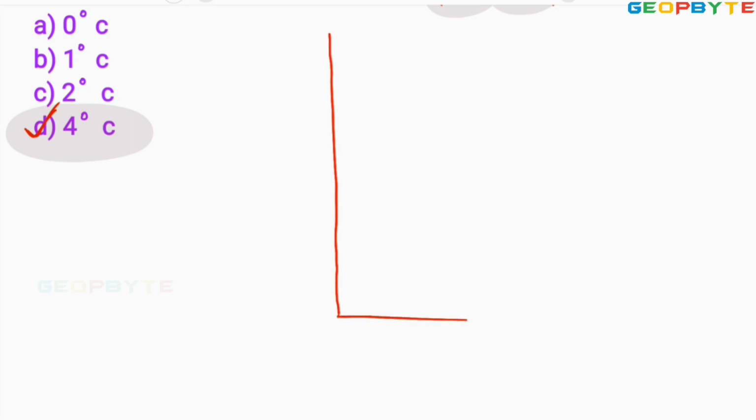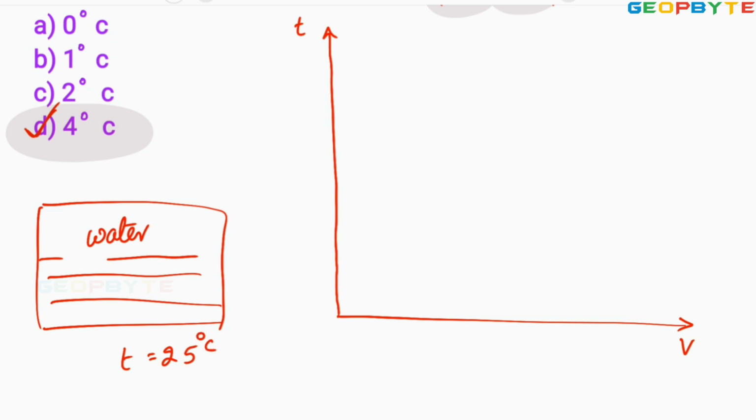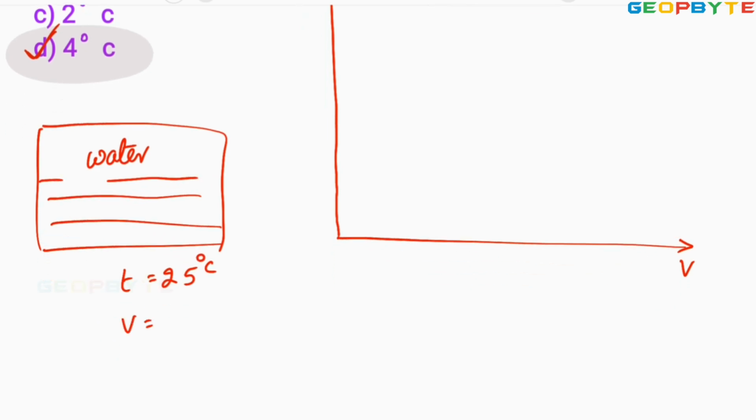It is like this. If I take the temperature versus volume coordinate system, let us take the water in a container. That water is initially maintaining a temperature of 25 degrees centigrade and a volume equal to some 5 meter cube.